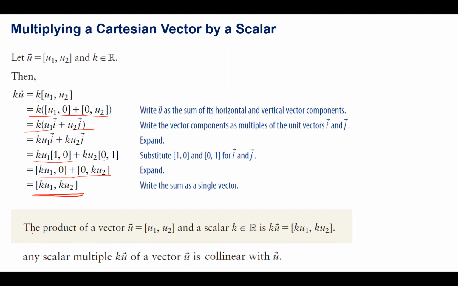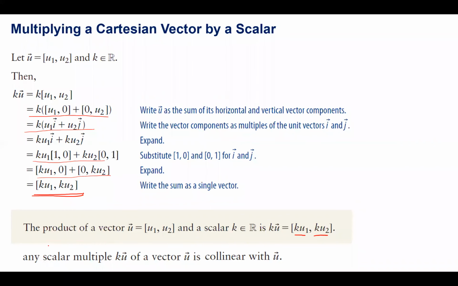So the conclusion is that the product of a vector u1, u2 and a scalar k, which belongs to the set of real numbers, is k times u equals ku1, ku2. ku1 and ku2 are the two components of the new vector.